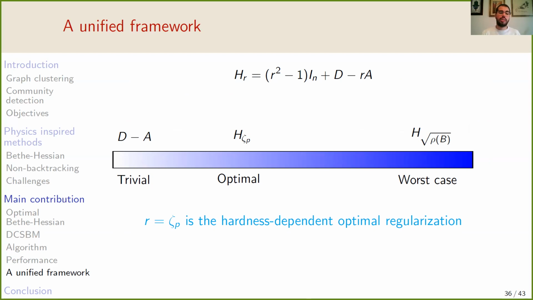So somehow, in this case, dense is a synonym of easy, whereas in the sparse regime we had the opposite extreme. In fact, zeta p takes as the highest possible value the square root of rho B, for which the Bethe Hessian matrix was initially proposed. So we have these two extremes, which are the trivial and the worst case regime, and H of zeta p is the optimal hardness-dependent regularization.